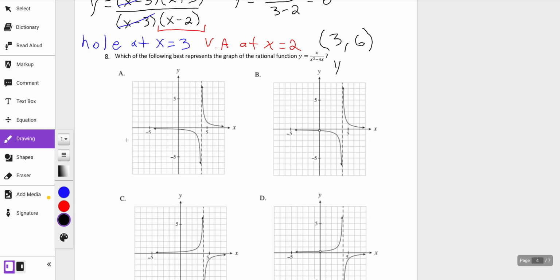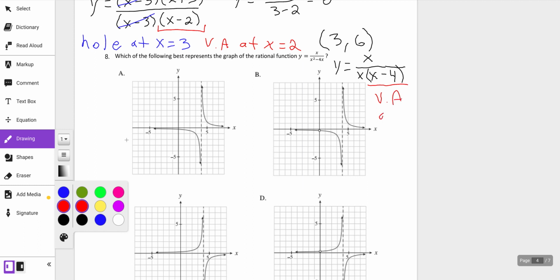When I factor this thing, I can GCF an x out, leaving me with this. That denominator tells me that I will have a vertical asymptote at 4.